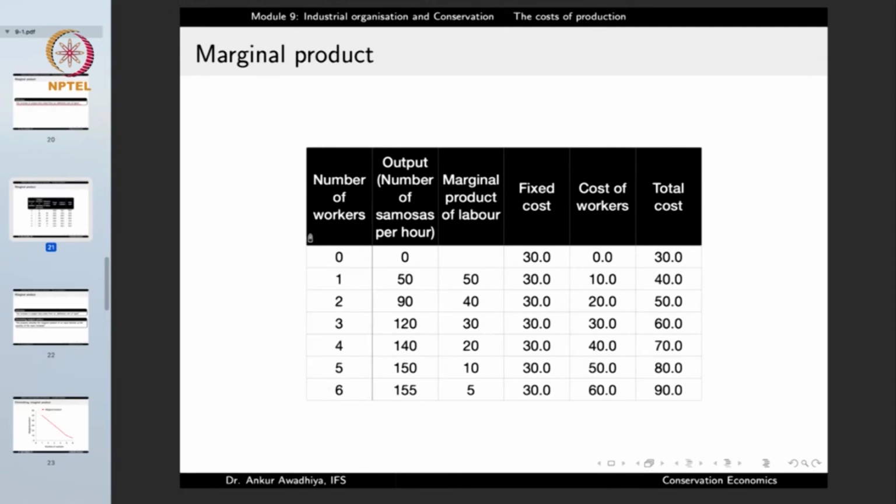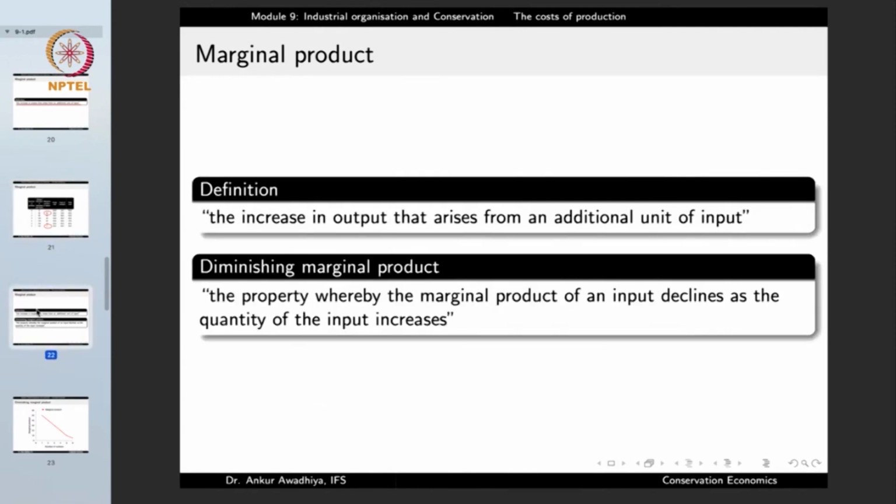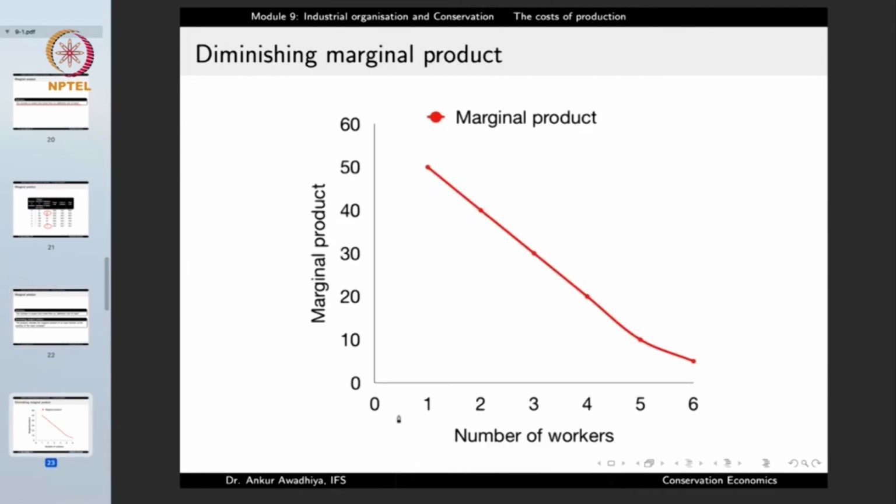From 0 to 1, the marginal product is 50, whereas from 5 to 6, it is only 5. So this is the law of diminishing marginal product. When we plot the number of workers on the x-axis and the marginal product on the y-axis, the marginal product goes down with an increasing number of workers.